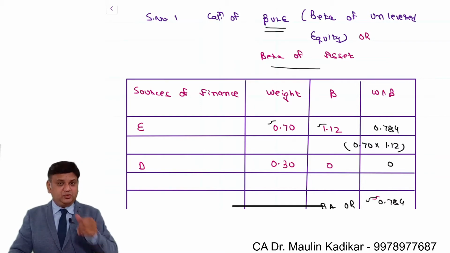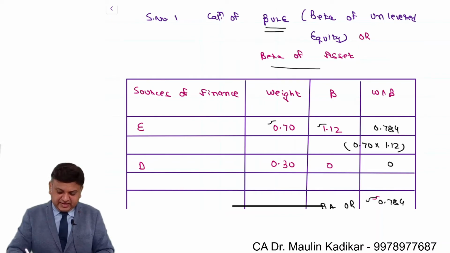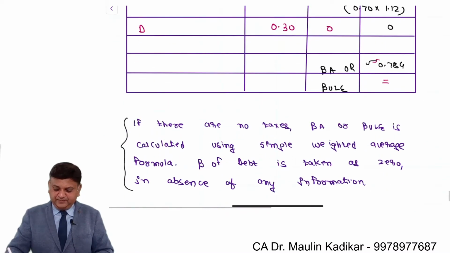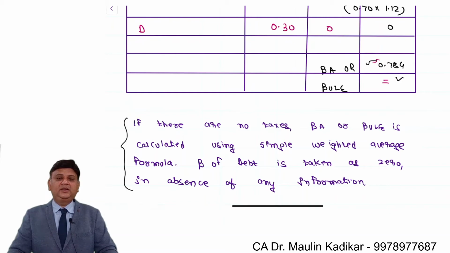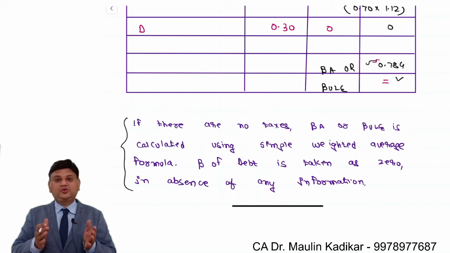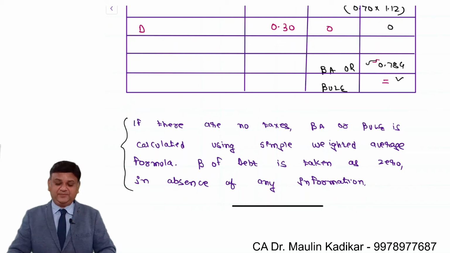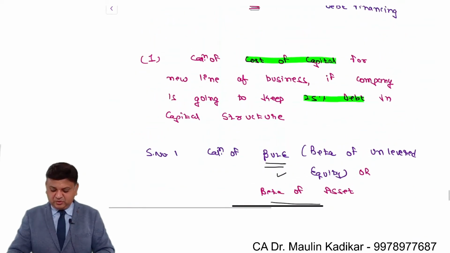Again the question from the students: sir, is it fine if I calculate the beta of unlevered equity and using this I compute the cost of equity, which is the required rate of return? Again the answer is no, because you are required to make the calculation and show the whole presentation of the answer. That is the reason you are required to do the working like that.